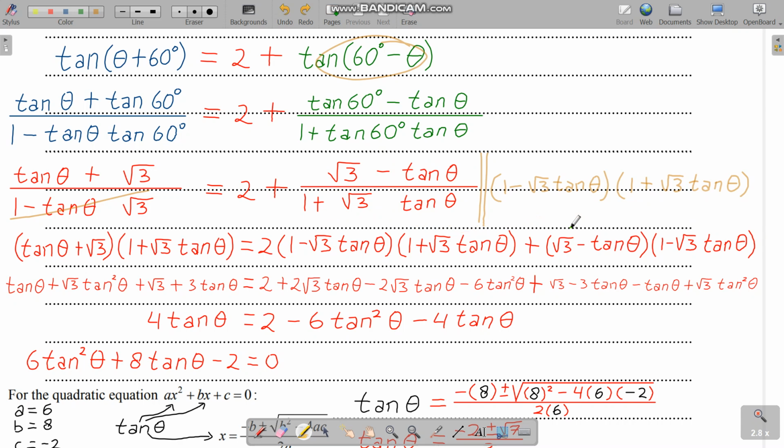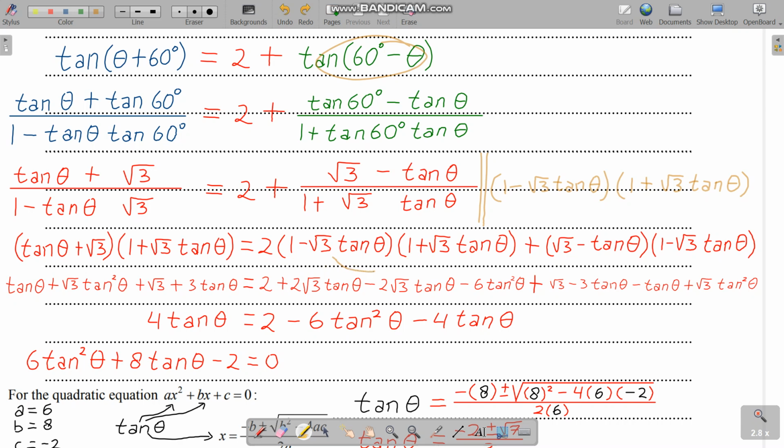So tangent times 1 is tangent, tangent times root 3 tangent is root 3 tangent squared, root 3 times 1 is just root 3, root 3 times root 3 tangent is 3 tangent. And here we have 1 times 1 times 2, so it's 2. And then 1 times root 3 tangent times 2, so 2 root 3 tangent.